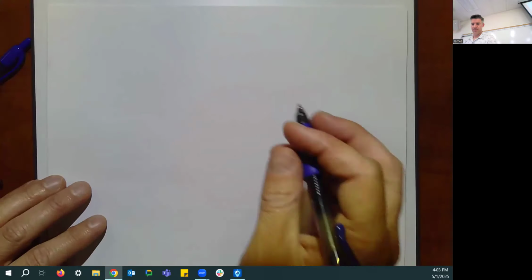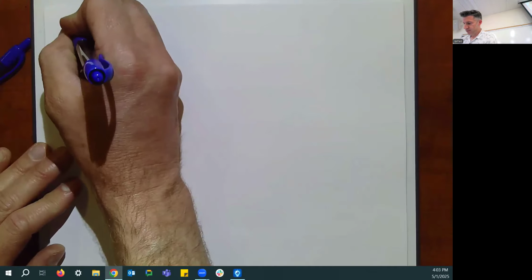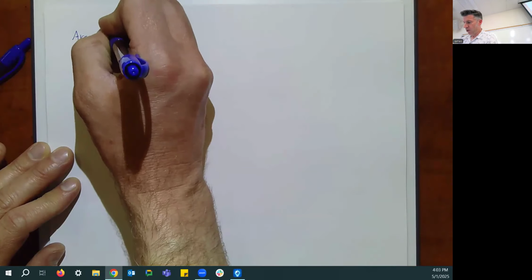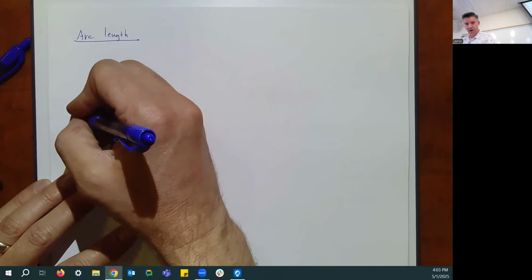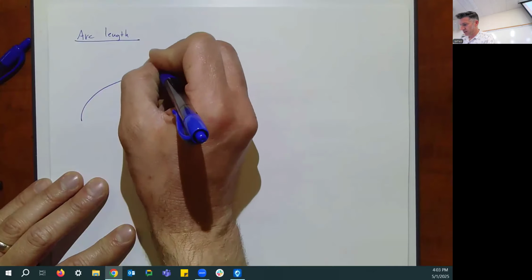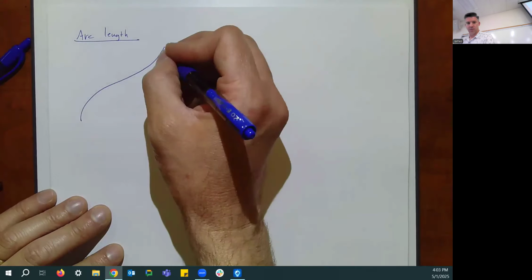Arc length, or how long some curve is. So let's say we have some curve that looks like this. I'm going to write some words here.